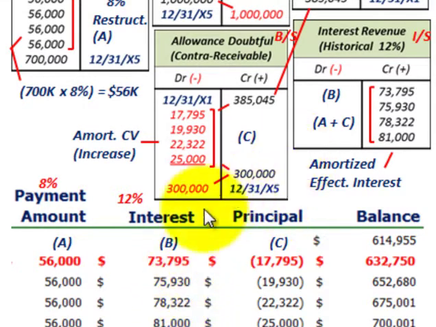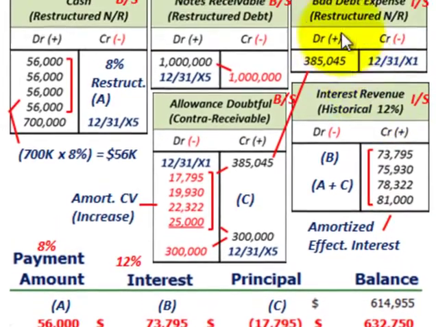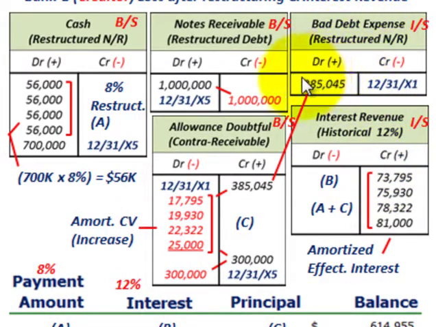So those amounts, $73,795 for the first year, would be what we'd credit or increase our interest revenue by on our income statement, going from $73,795 up to $81,000 in the fourth year. So credit or increase our interest revenue, and then remember, we had our bad debt expense of $385,000. So you can see the interest revenue is actually reducing this bad debt expense.